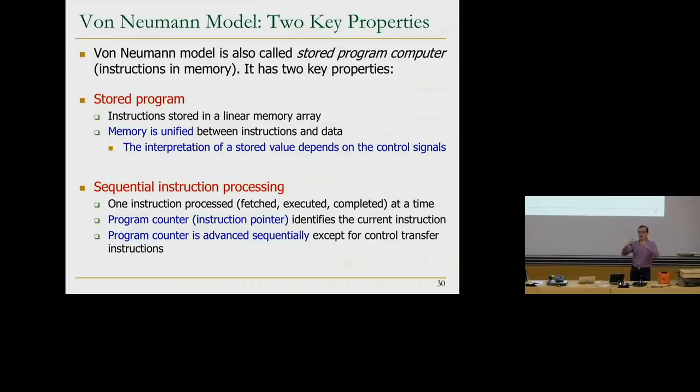The next cycle, the program counter will go to address 8,008. Well, sorry, 8,004. It's a byte addressable machine, right? So assuming that instructions are 4 bytes, words are 32 bits, the next instruction's address is 8,004. The next instruction, 8,008. The next instruction, 8,012, which is 800C, right? So basically, you advance sequentially.